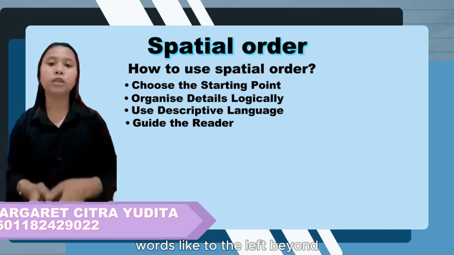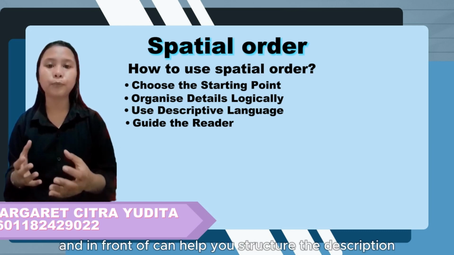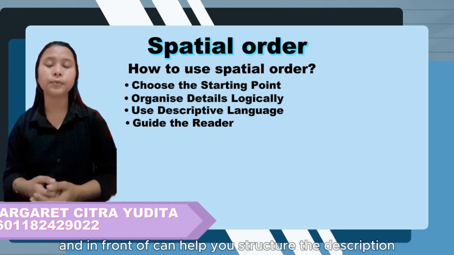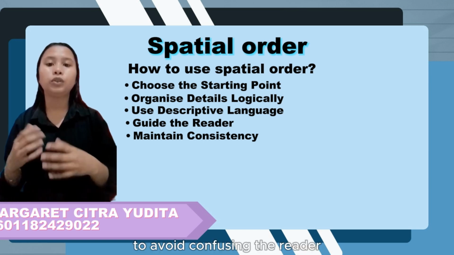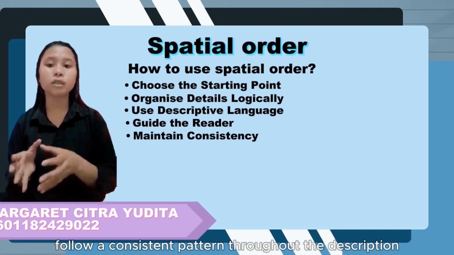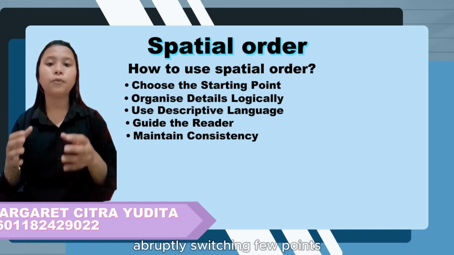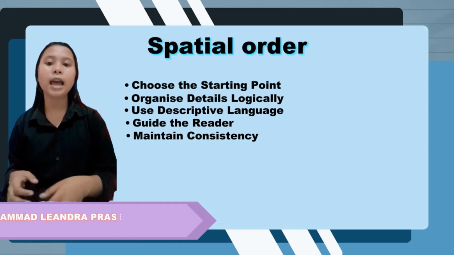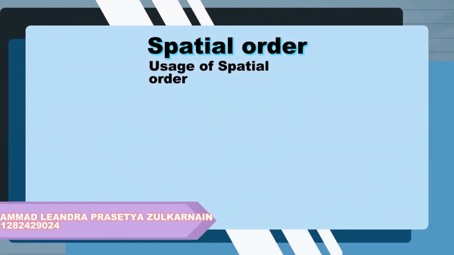Words like to the left, beyond, next to, and in front of can help you structure the description. Number 5 is maintain consistency. To avoid confusing the reader, follow a consistent pattern throughout the description. Abruptly switching viewpoints can disrupt the flow and clarity.